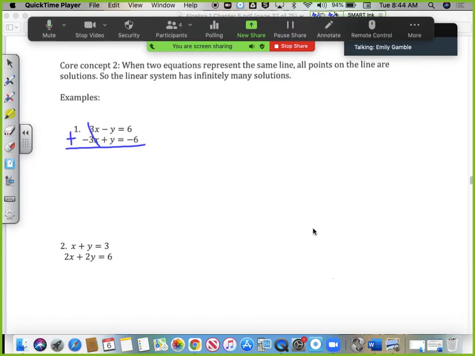Negative y plus positive 1y also cancels out. I'm left with 0 on the left-hand side. 6 plus negative 6 equals 0. Now, since 0 equals 0 is true, that means that these 2 lines are actually the same exact line. That means that the answer is infinite solutions.